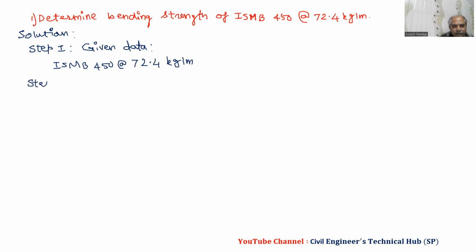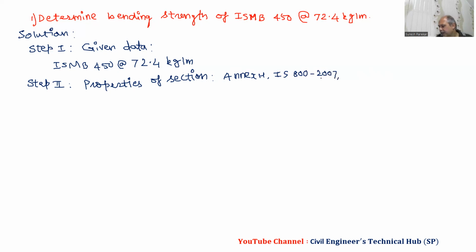Step 2, properties of section. Now we have Annex H of IS 800, and we have page number 138.